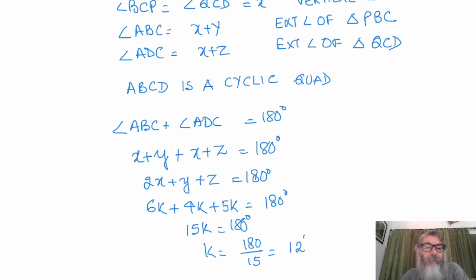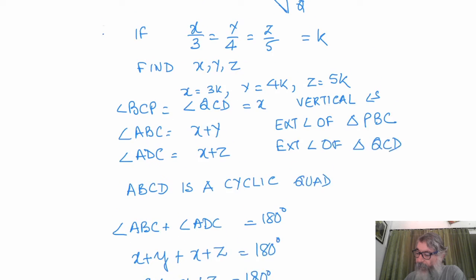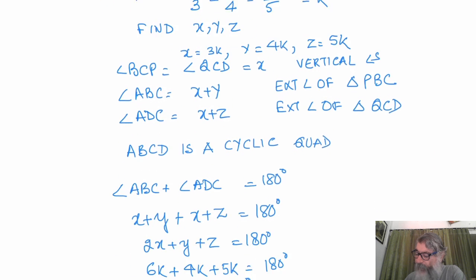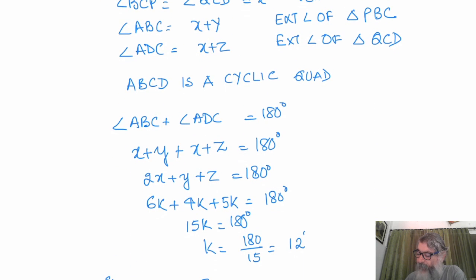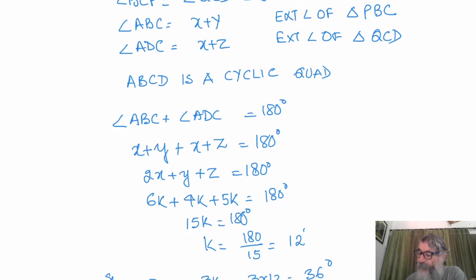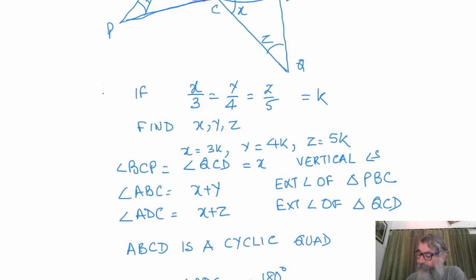15 ones are 15, 15 twos are 30. So x was how much? X was 3k. So 3 into 12, it will be 36 degrees. The value of x is 36 degrees. Y was 4k.